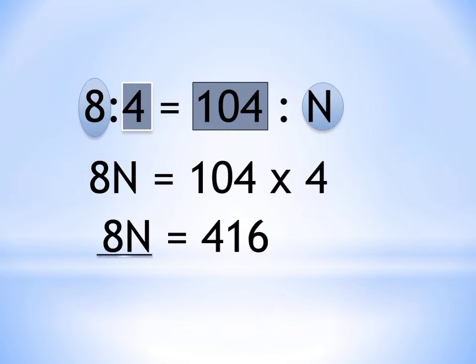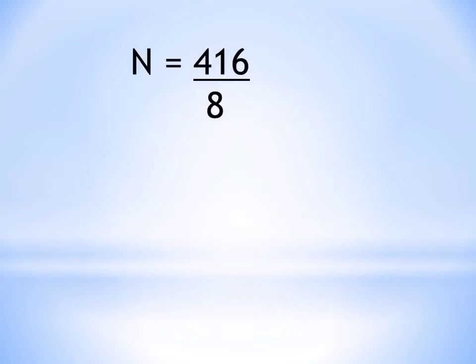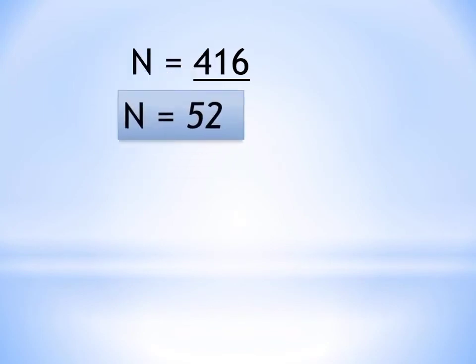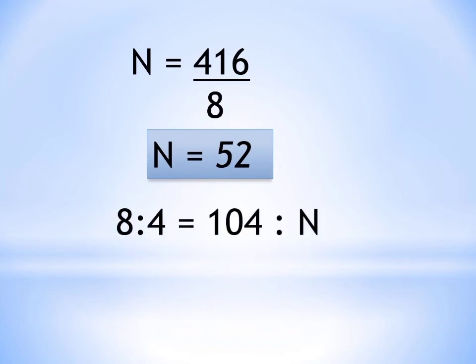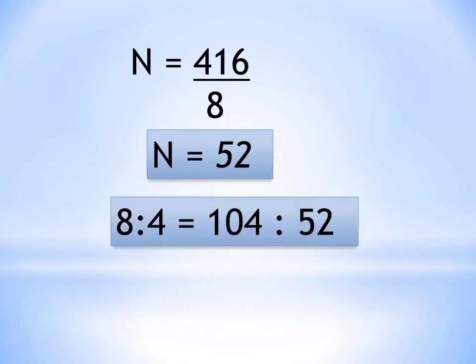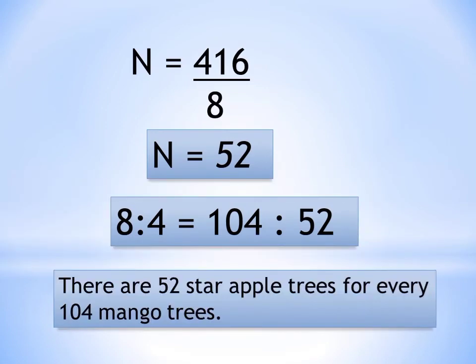Then divide both terms by 8. So n equals 416 divided by 8. Then n equals 52. Based from our number sentence, we have our direct proportion of 8 is to 4 equals 104 is to 52. And our complete answer is, there are 52 star apple trees for every 104 mango trees.